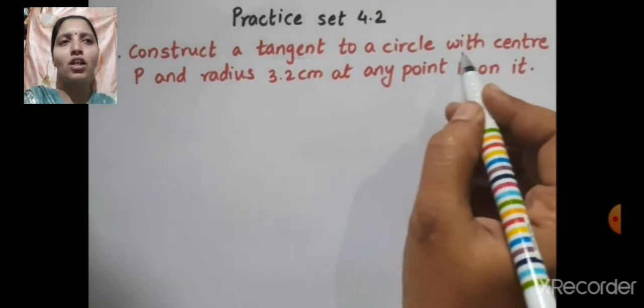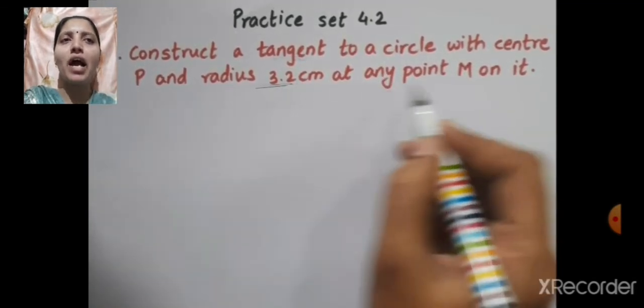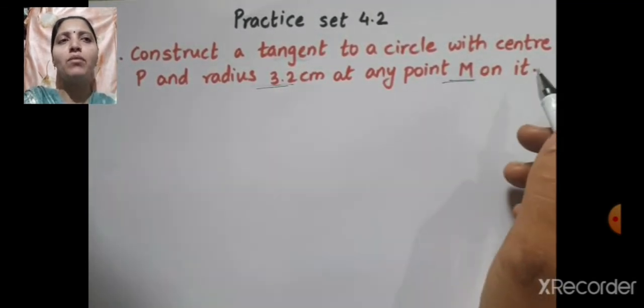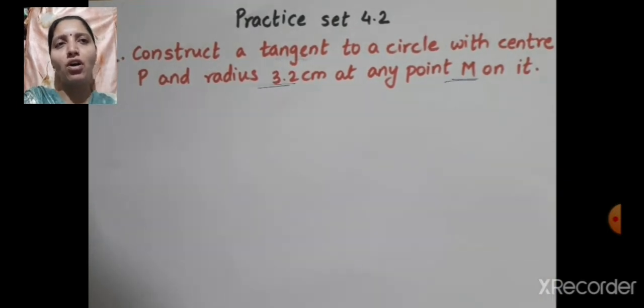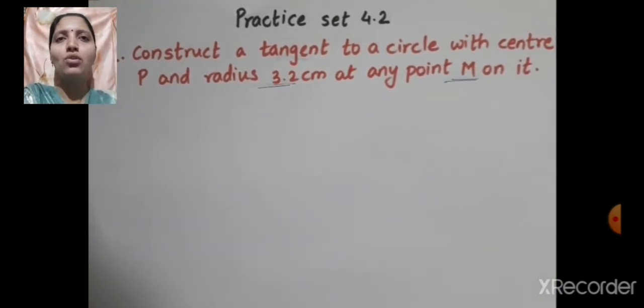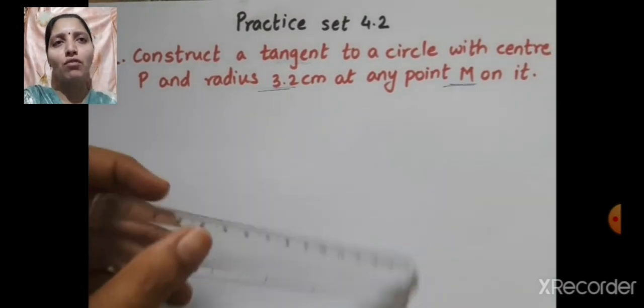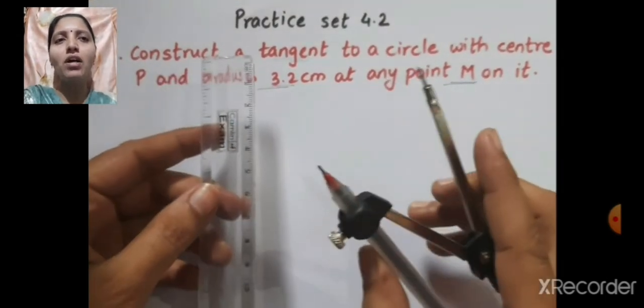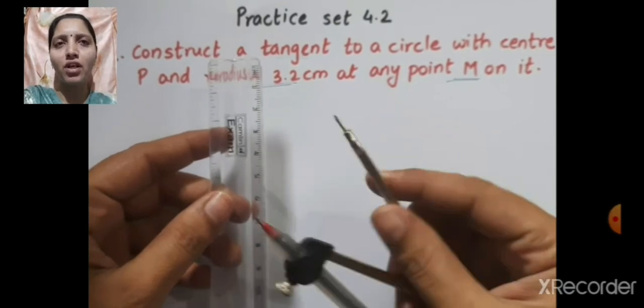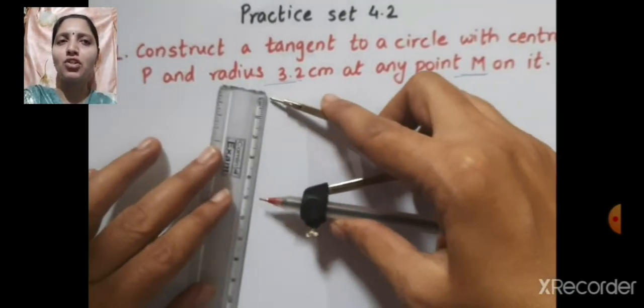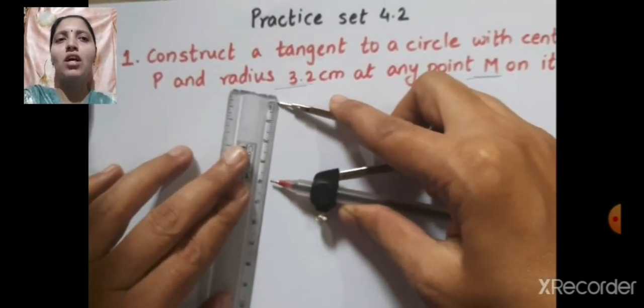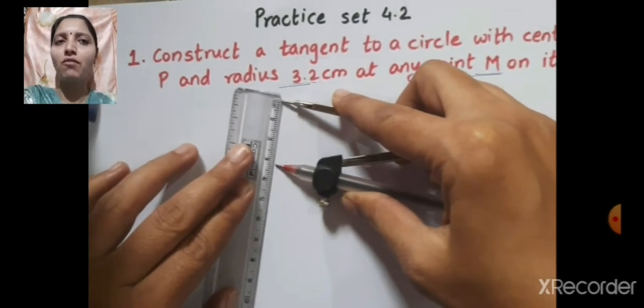On that circle you have to take point M, and through point M you have to draw a tangent. Let's start here. This type of sum can be asked only for one mark, so there is no need to draw the rough figure. Otherwise, for the construction of 3 marks or 4 marks, you have to draw the rough figure first.